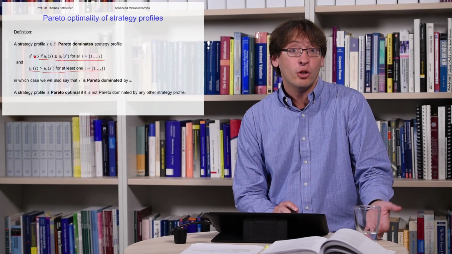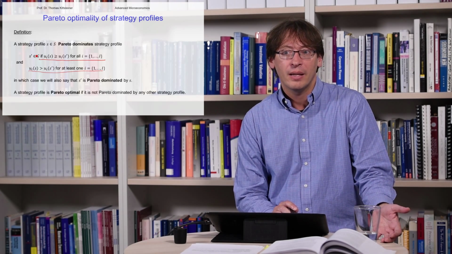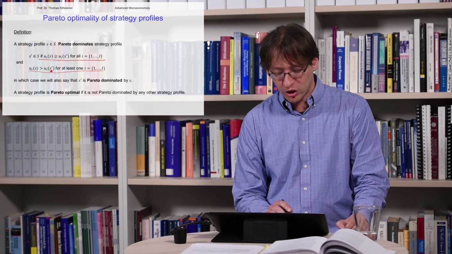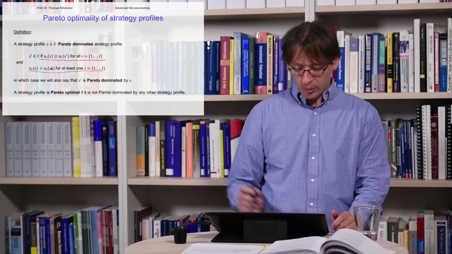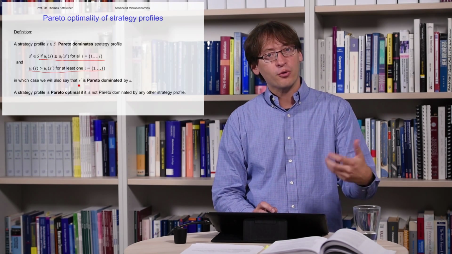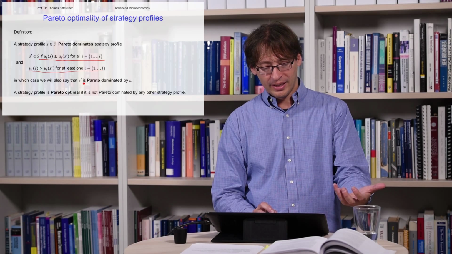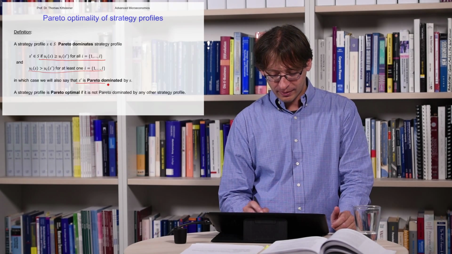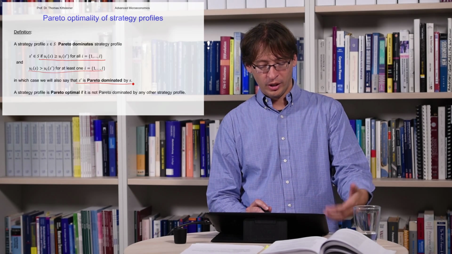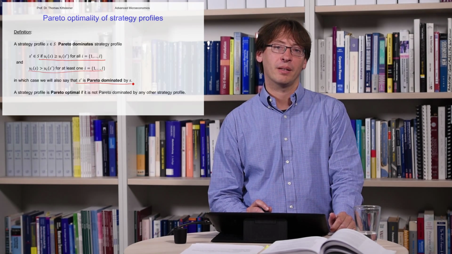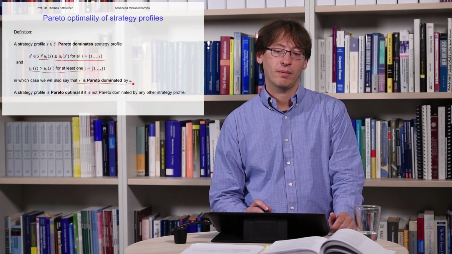It's either better or as good as S prime. And for at least one player, it's actually strictly better. Okay, in such a situation, we also say that the strategy profile S prime is Pareto dominated by S, or S Pareto dominates S prime is another way to say it.